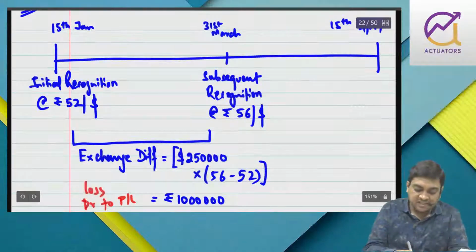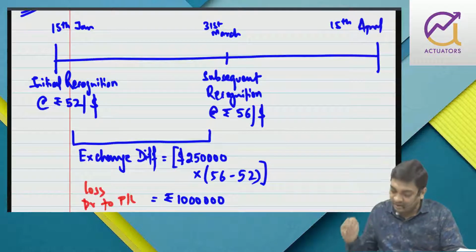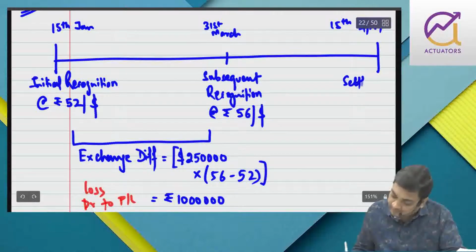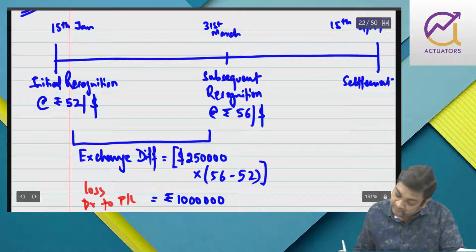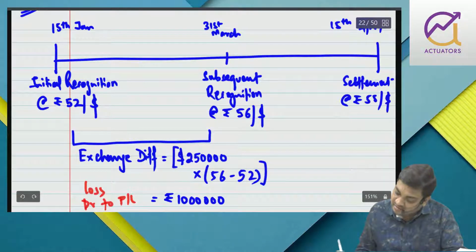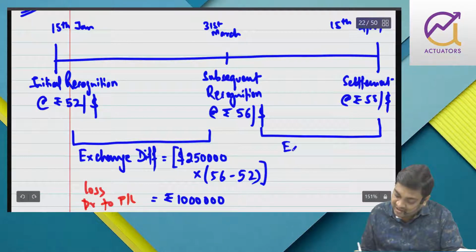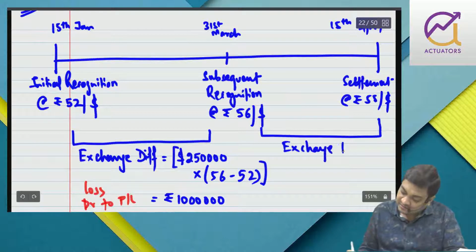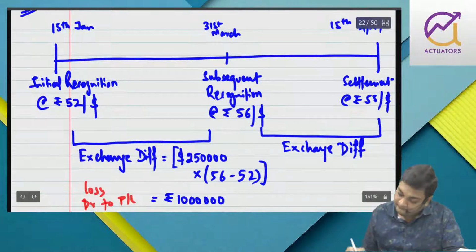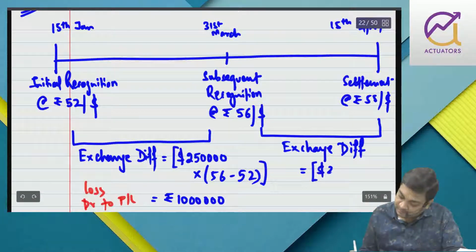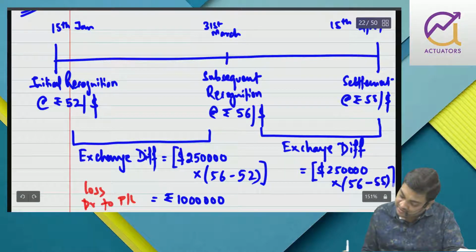on the date of settlement, at the rate rupees 55 per dollar, here the exchange difference will be 2,50,000 into 56 minus 55.